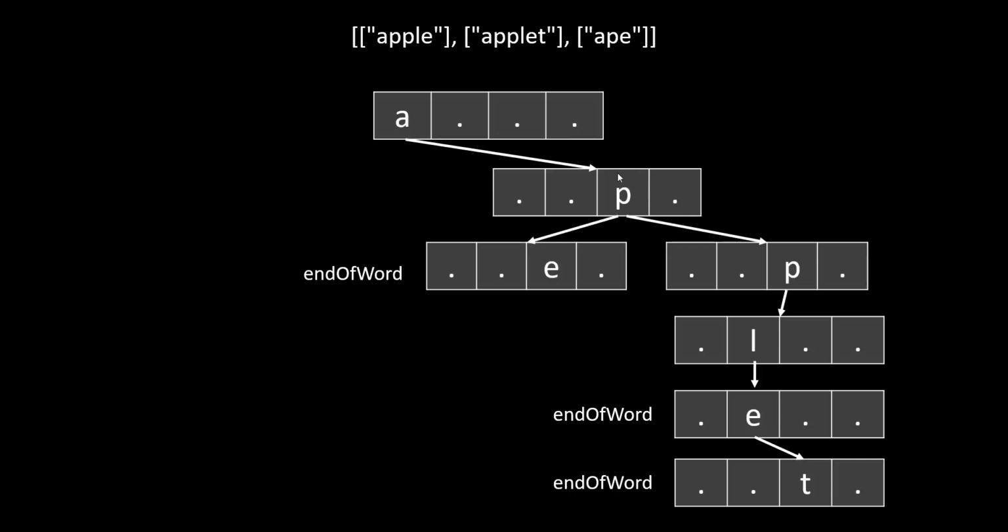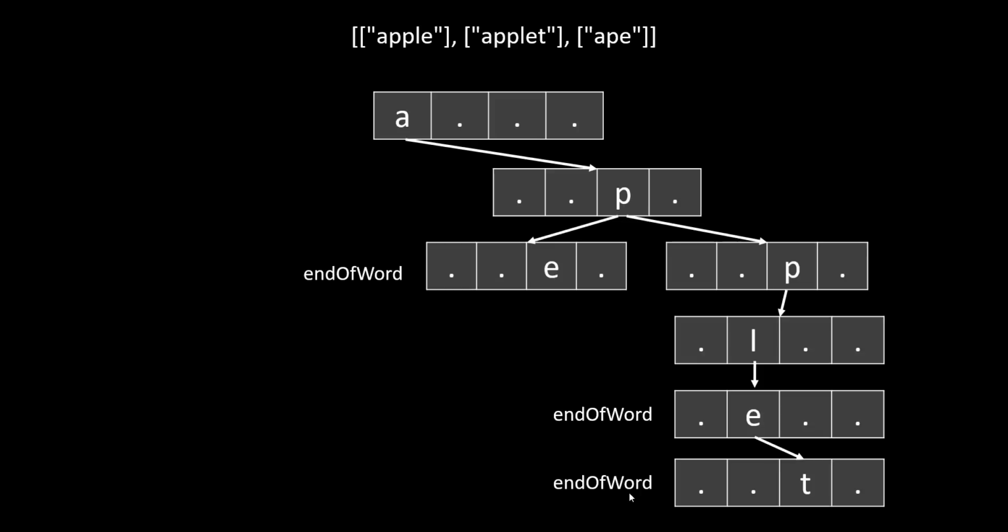Again, this p is also connected to this p, which is there in app. Again, this is connected to l, then e, and this gives you one of the words which is apple. Again, when you connect a t to this e, you get a word that is applet. So an end of word in a trie is marked with a boolean that gives you an end of word.